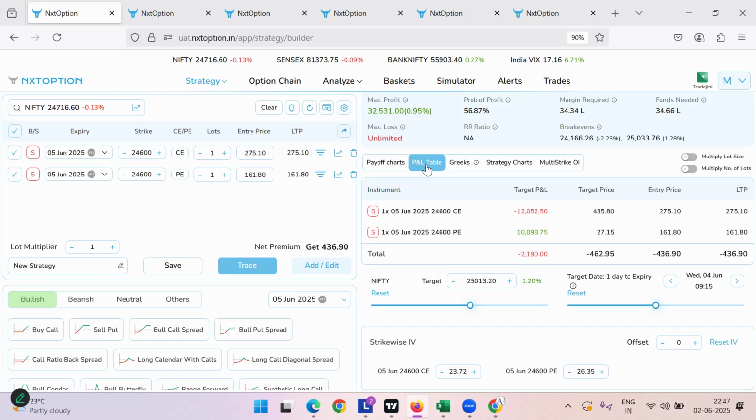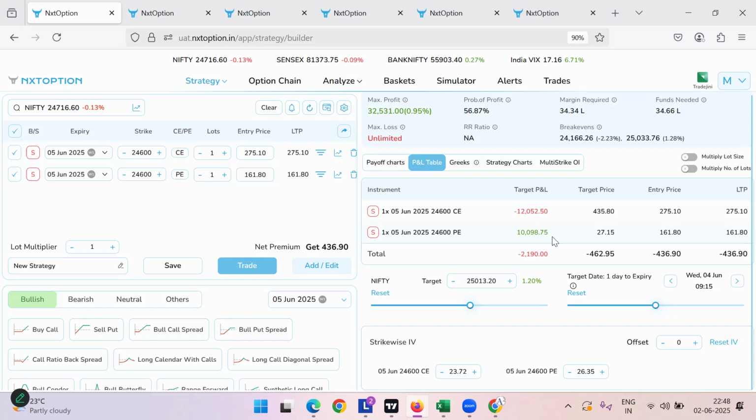So basically, you are selling today at 275 and 161. That's your entry price. Since the market went up, assuming that your market is going to go up to 25,000, then you will have a loss in the call option, because call option premium from 275 may jump to 435. At the same time, put option premium will decline from 161 to 27.